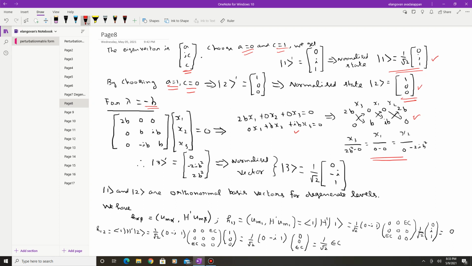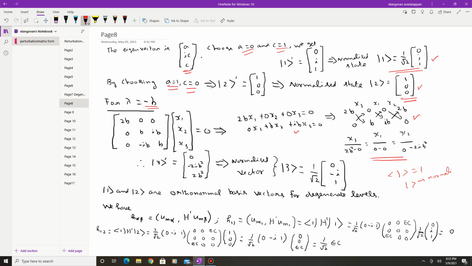You take a vector, any vector, and you take the bra vector and this must be 1. So by doing this one process, the normalization constant can be determined, and once you substitute the normalization constant, this becomes a normalized vector.